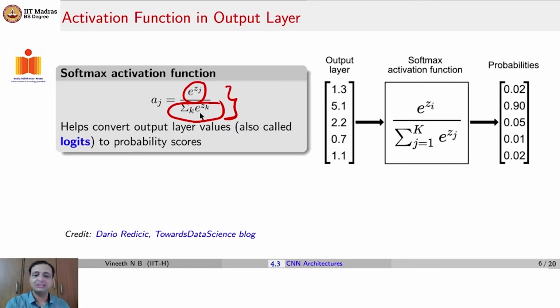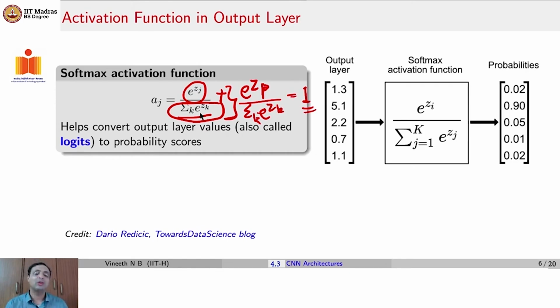Also, because the denominator is the summation of all those exponential values of those neurons in the last layer, doing this for every single neuron will also add up to 1, because you would then have e power Zj plus e power Zp, let's say, by the same summation, and you would repeat this for every neuron in that last layer, and this sum would add up to 1.